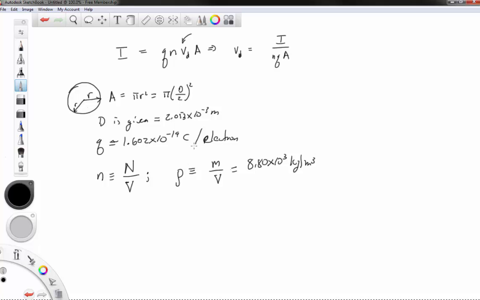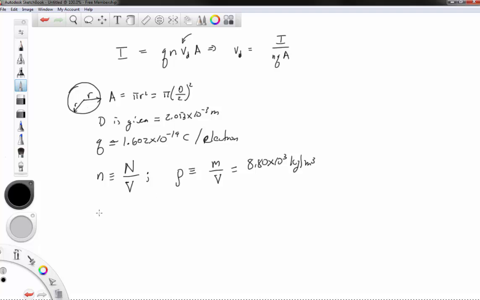Okay, so if we have that, then our hope basically is to try and figure out how many electrons are per cubic meter, because that will give us little n. Well, what we need to know is how many free electrons are there in this much copper. In other words, in 8,800 kilograms of copper, how many free electrons do we expect to have?